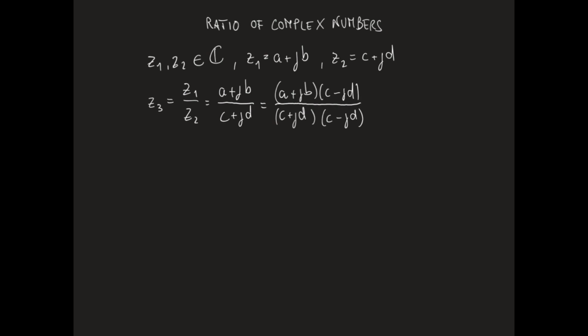By performing the multiplication at the numerator and at the denominator, we get AC plus JBC minus JAD minus J square BD divided by C square plus JCD minus JCD minus J square D square.